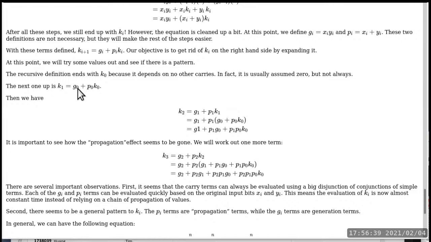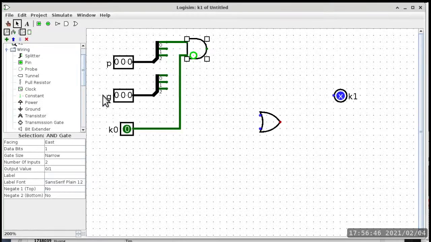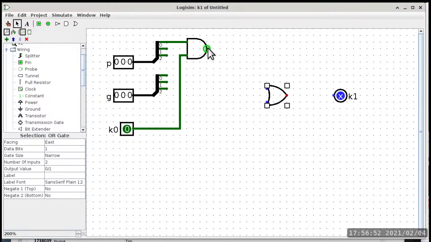Now G0 doesn't need to be ANDed with anything, so G0 is by itself going into the OR gate. So now we have the output of the AND gate and also G0 going to the OR gate. The ordering is not really important because OR is commutative, so it doesn't matter which one goes to the top port and which one goes to the bottom port.